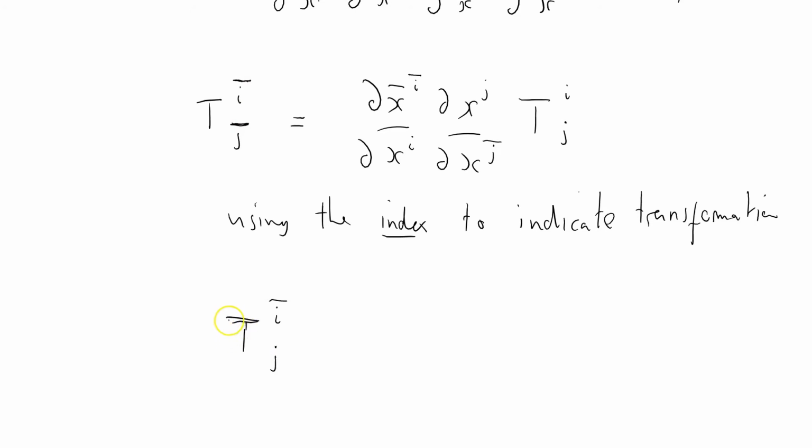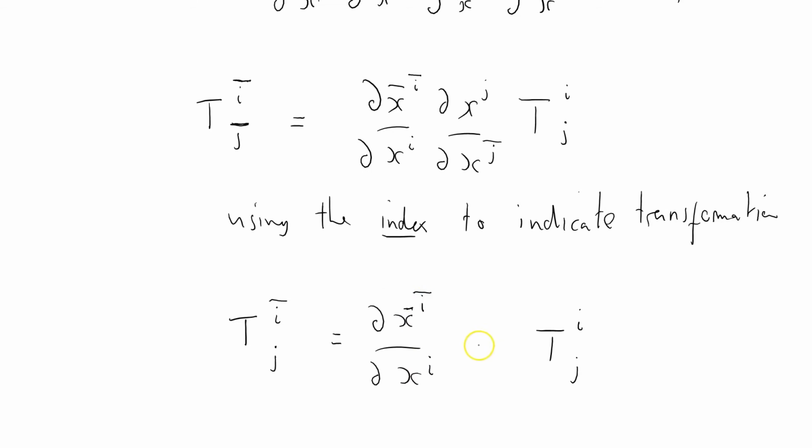So there's my tensor T, it's looking a bit messy. There's my tensor T equals T, and I'm just going to transform one of those. So that's dx by dx, that's summed, and that's a bar.